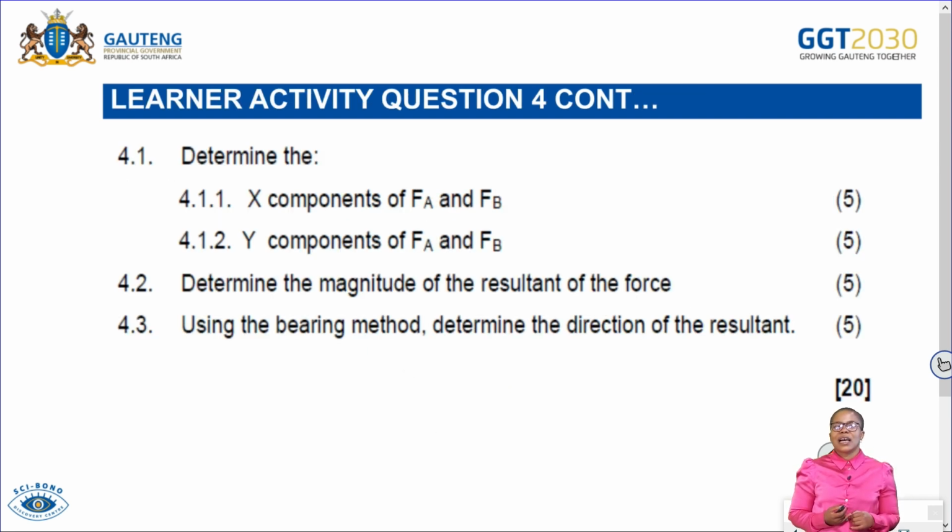So determine the x component of FA and FB, the y component of FA and FB. They're still testing you on the vertical and horizontal components. Determine the magnitude of the resultant of the force. Using the bearing method, determine the direction of the resultant.